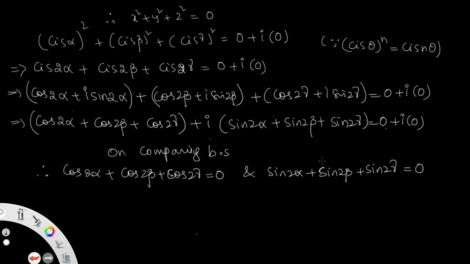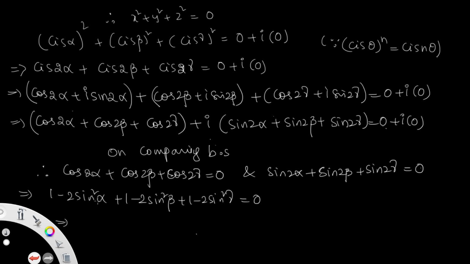But in the question it is given in terms of cos square alpha plus cos square beta plus cos square gamma. So cos 2 alpha in terms of sine is 1 minus 2 sine square alpha, plus 1 minus 2 sine square beta, plus 1 minus 2 sine square gamma, equal to 0.